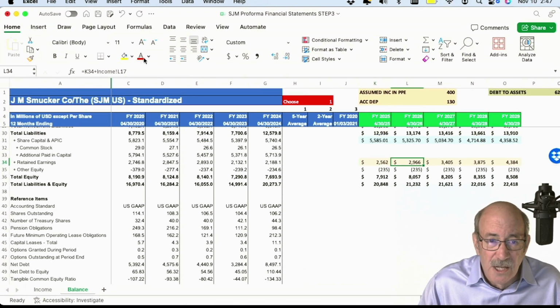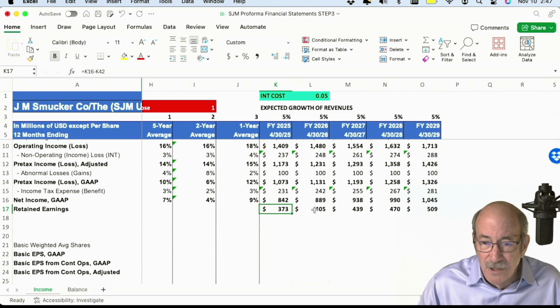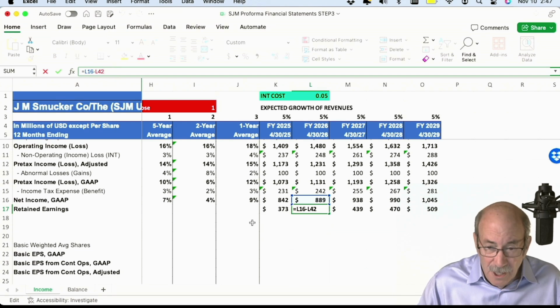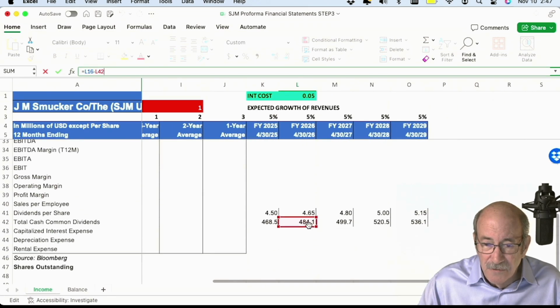And here, again, I'm taking the prior one out of K34, and I'm adding to it the retained earnings from the income statement, L17. So if I go back over here, here is L17. And again, that one is also the net income minus the amount of the dividend here, the aggregate amount.